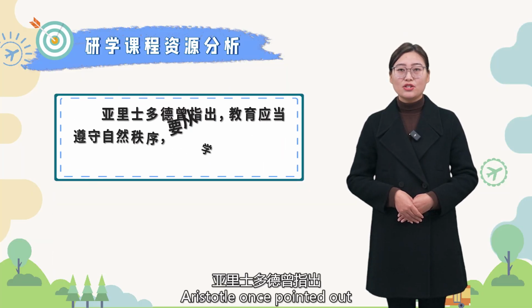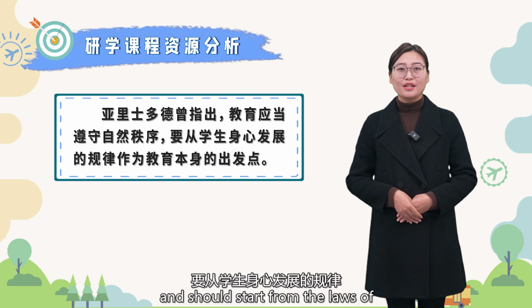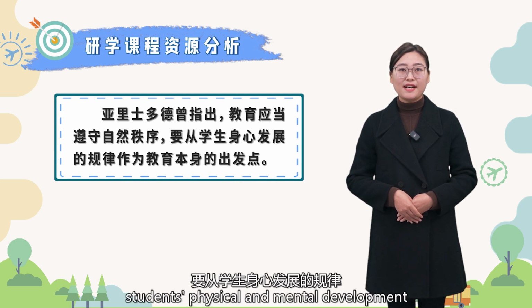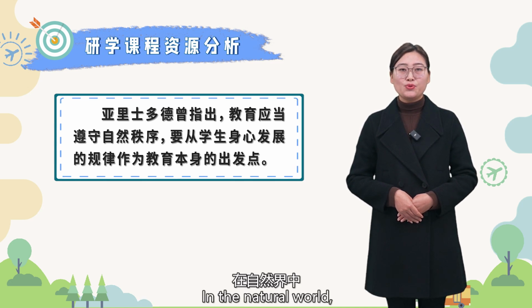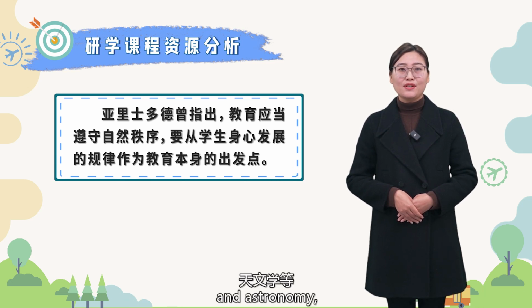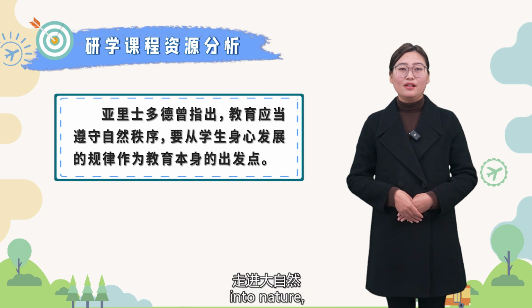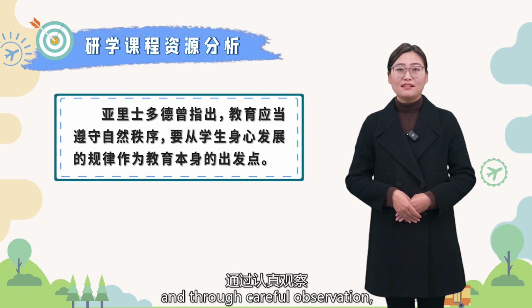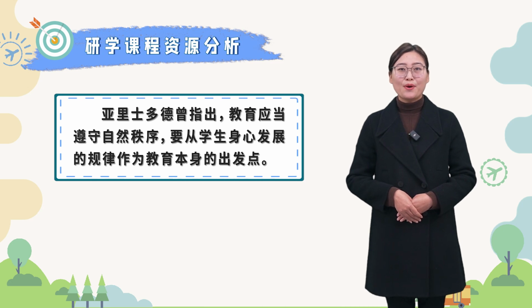Aristotle once pointed out that education should follow the natural order and should start from the laws of students' physical and mental development as the starting point of education itself. In the natural world, specific guidance is provided to teach students such as botany and astronomy, which requires immersing oneself in the field, in nature, and through careful observation, gaining more direct learning gains.